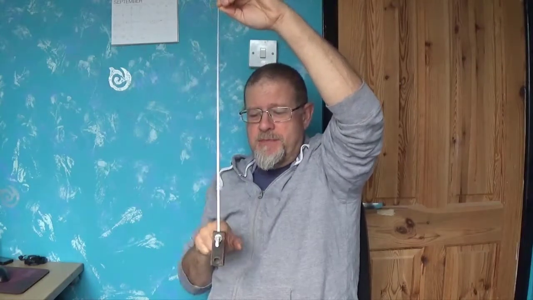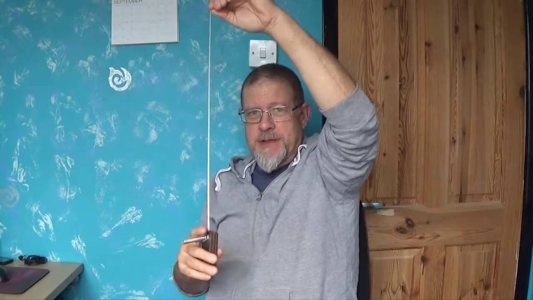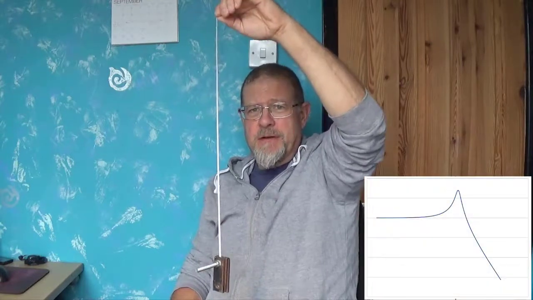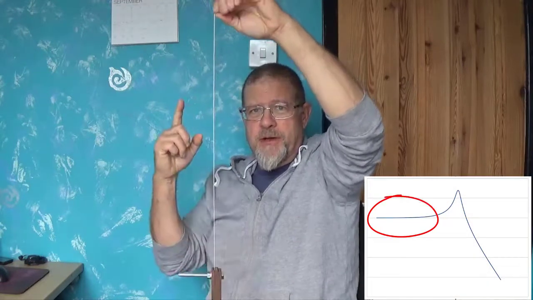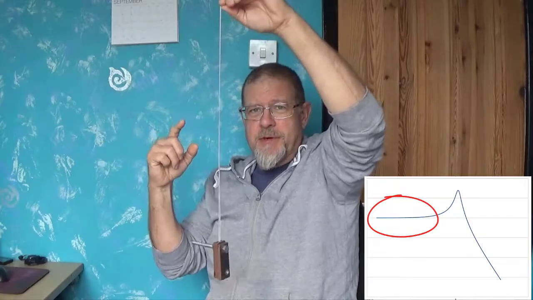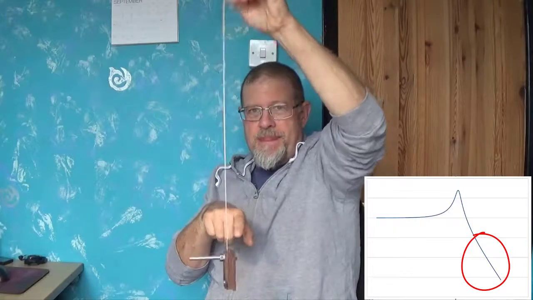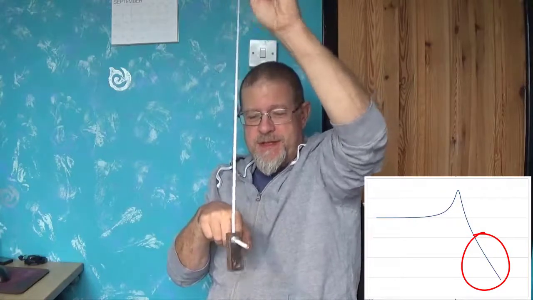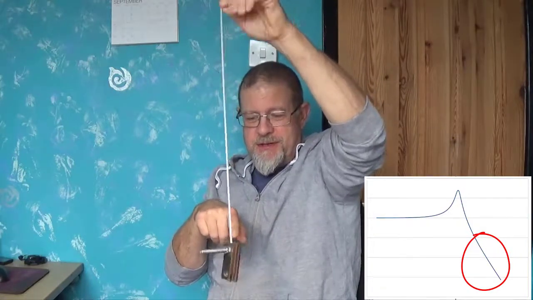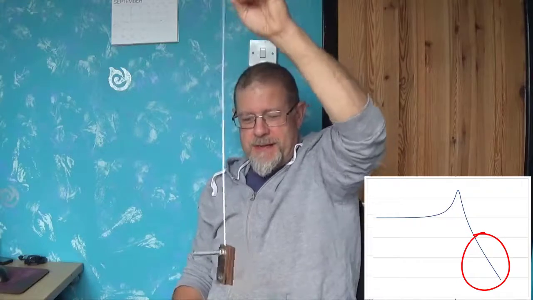Okay, so imagine my hand here is the input to the filter and the position of the chunk of metal is the output. If I move it up and down very slowly, the output follows the input, and if I move it up and down very quickly, the output is still stationary, so it's filtered out the input.